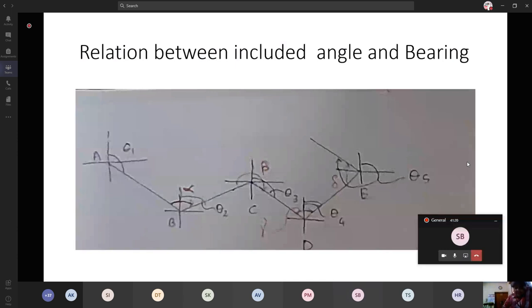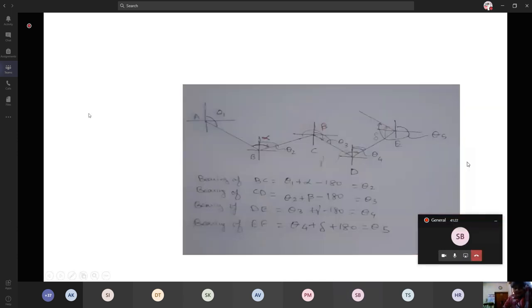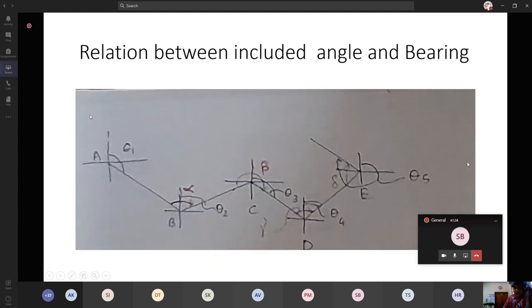So this angle is theta 1. Theta 1 plus alpha is with reference to the south. Suppose I subtract 180, I will get with reference to the north, so it is theta 2. So what is the formula?